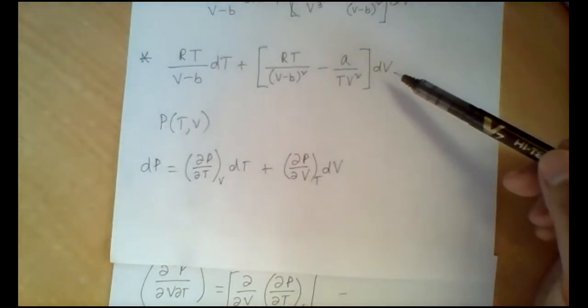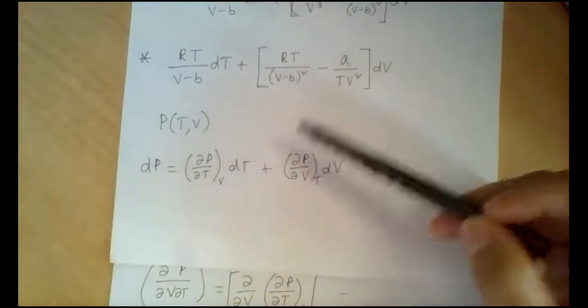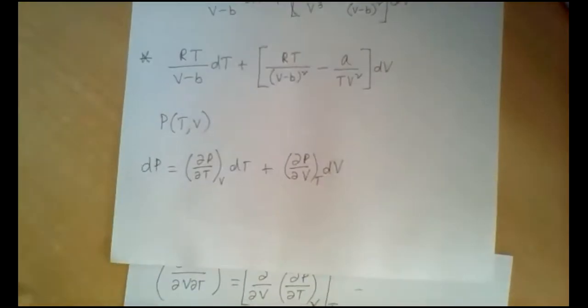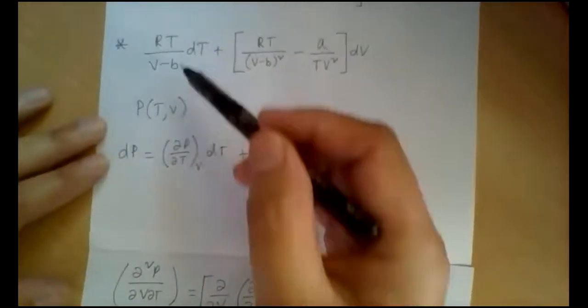Can we find a function P whose total differential is given by this expression? If such a function exists, assume you compare this and this.